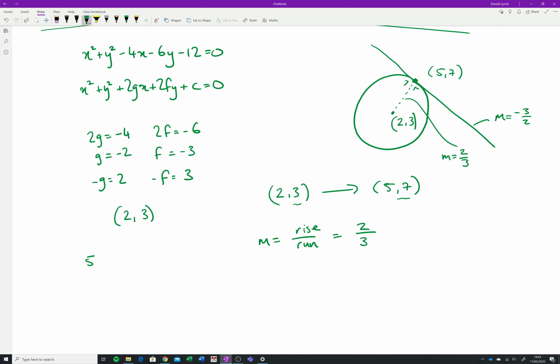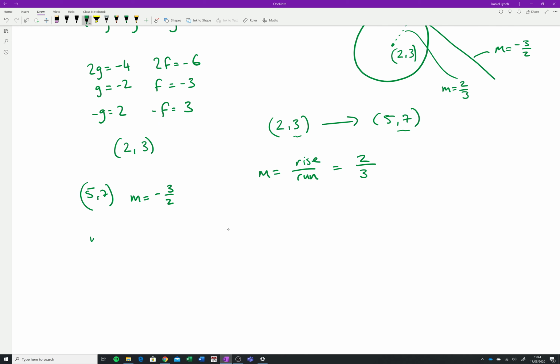Okay, we've got 5, 7. It's a point. We've got the slope minus 3 over 2. Here goes. y minus y1 equals m times x minus x1. So it's going to be x1, y1. y minus 7 is equal to minus 3 over 2 times x minus 5, and I put that over 1.